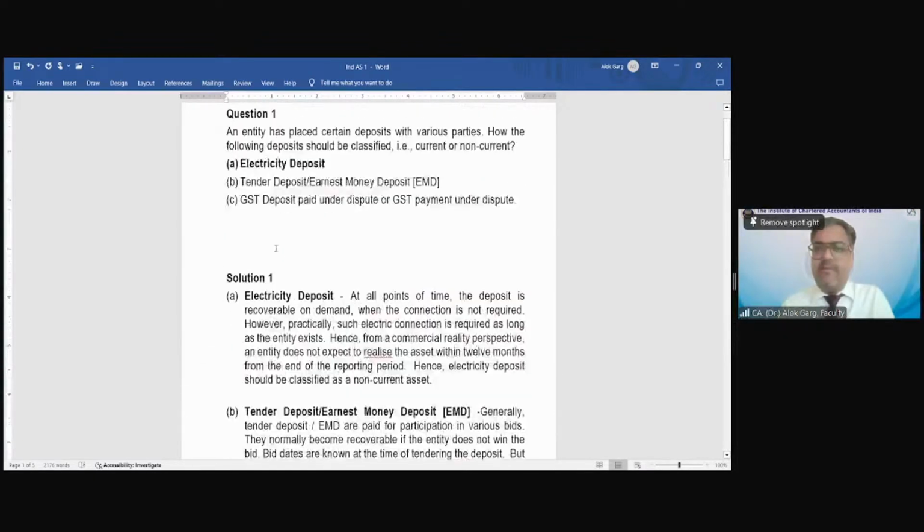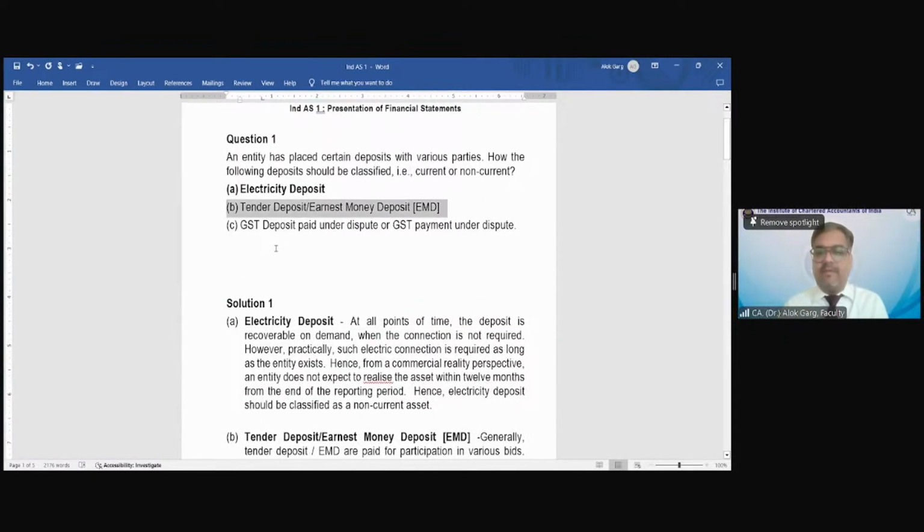Okay. Third question. GST deposit paid under dispute, or GST payment under dispute. The company has made a GST payment under dispute. For example, the GST authority has initiated a demand against the company.